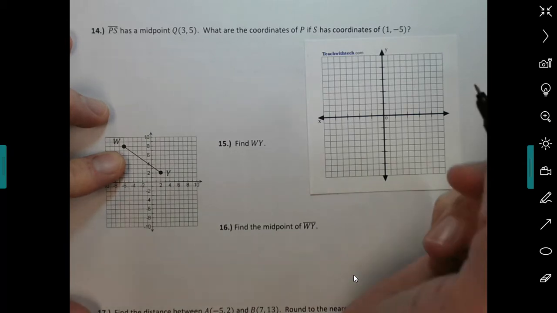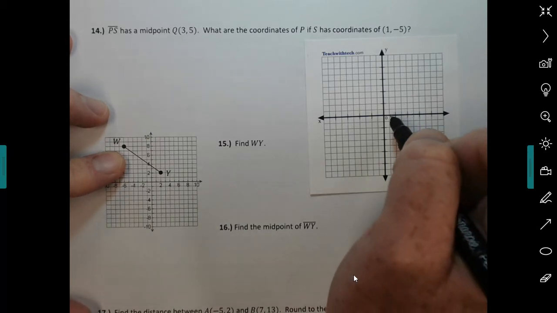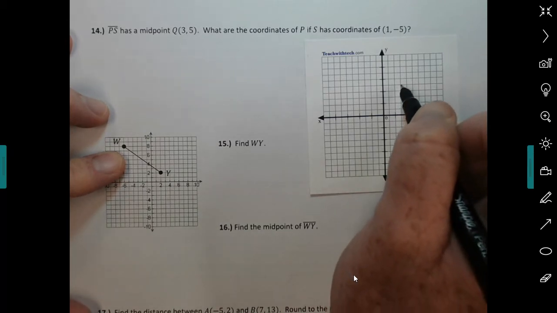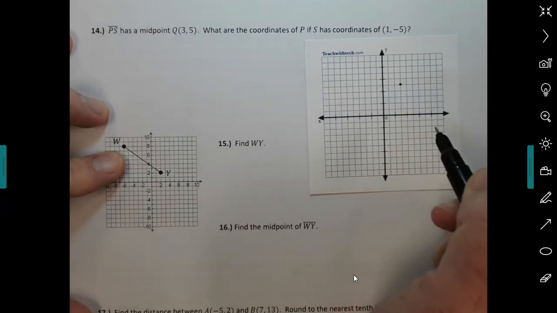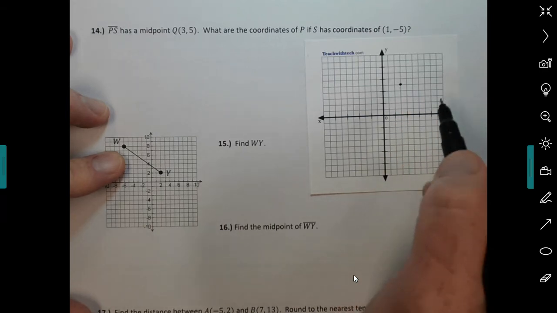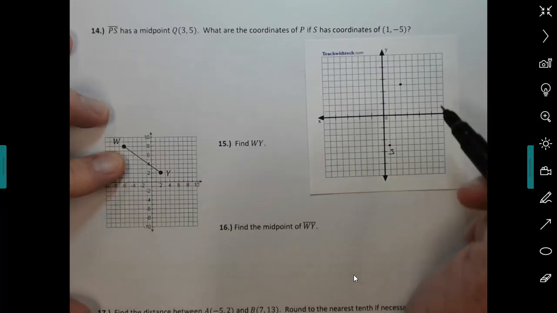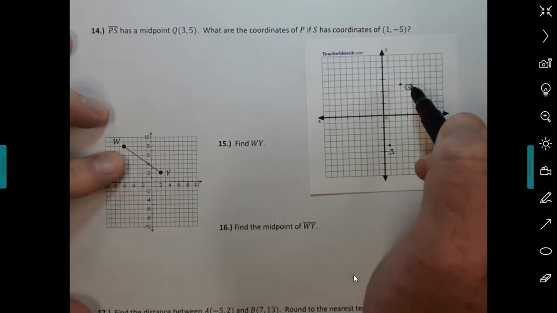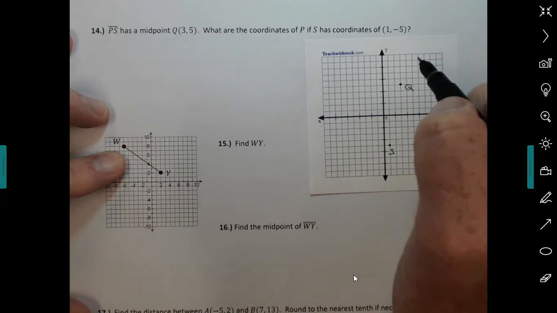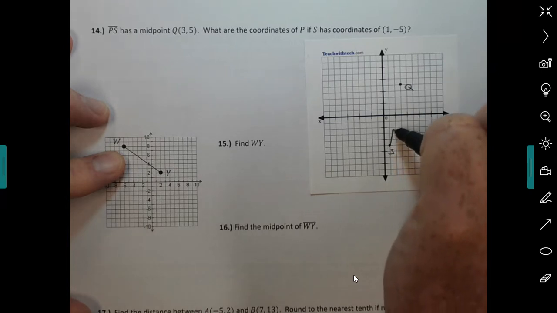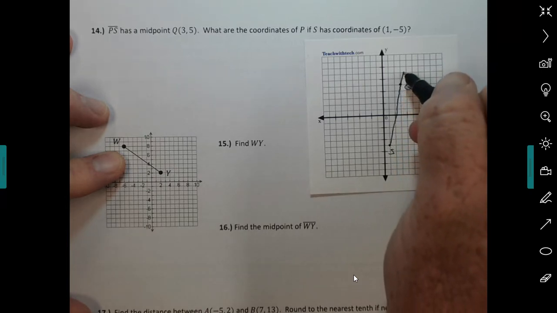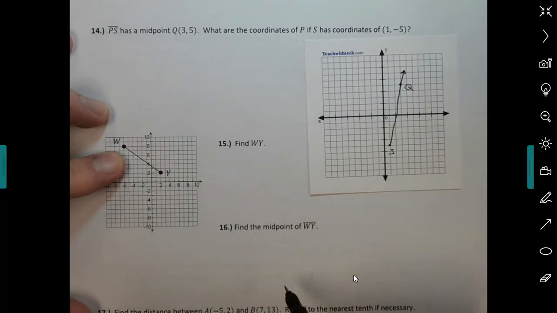So if we look at this, Q is at 3, 5. And then I got S, which is at 1, -5. So if S is here and Q is here, Q is the midpoint. So I need you all to understand that point P is somewhere way up there.